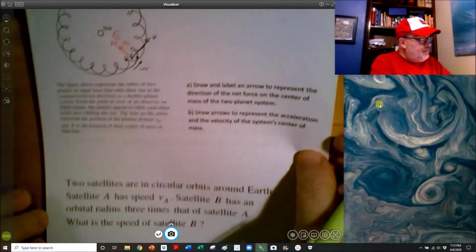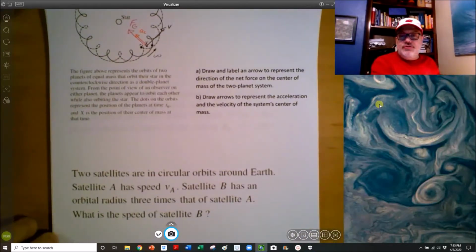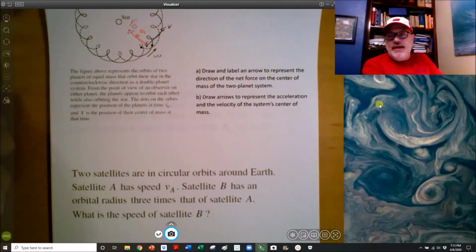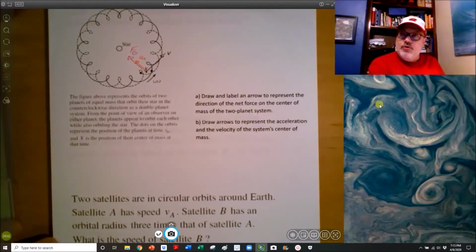Question number 2. Two satellites are in circular orbits around Earth, satellite A and satellite B. A has a velocity of V_A. What's the speed of satellite B? They're going in a circle, so let's use what we know about circular motion.